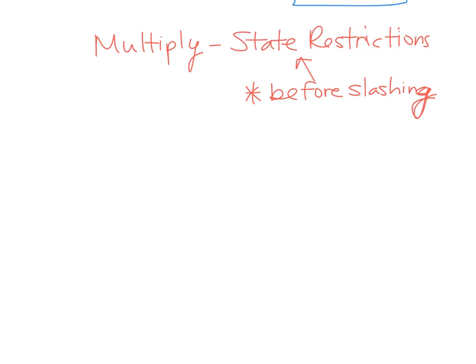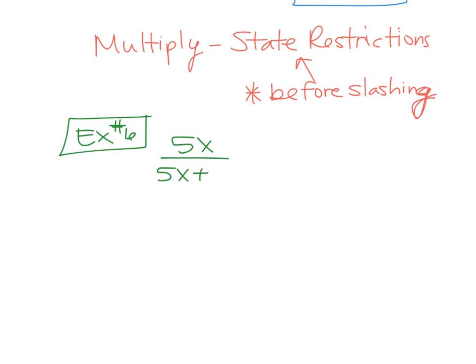Okay, so here's what you do. Example 6. Let's say we have 5x over 5x plus 5 times 10x plus 10 over 10. What I would do if I were you is I would think of them as 2 separate rational expressions.